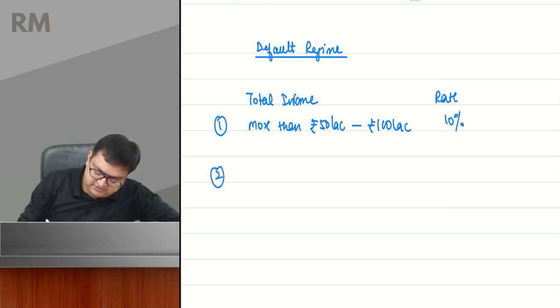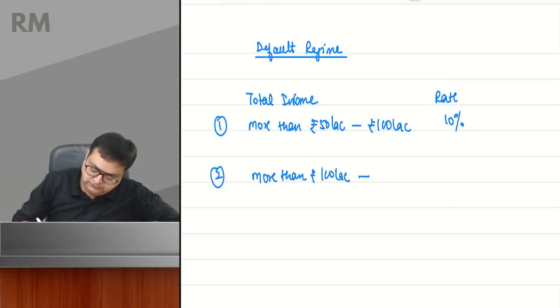Second level is if it is more than 1 crore to 200 lakh, 2 crores, the rate is 15%.